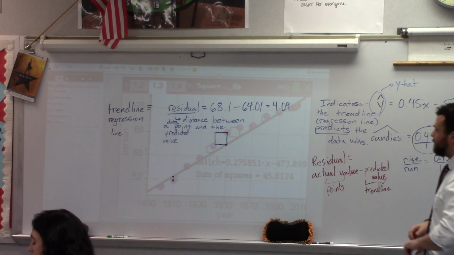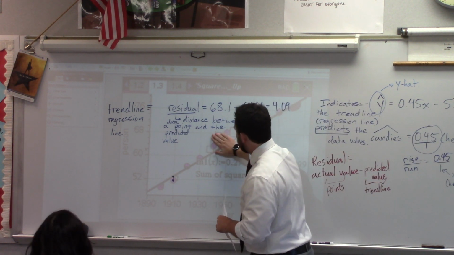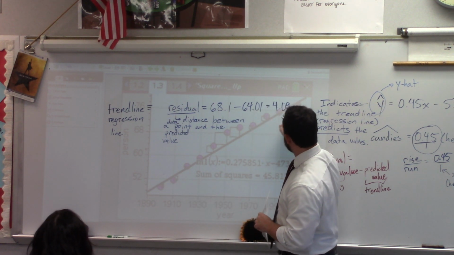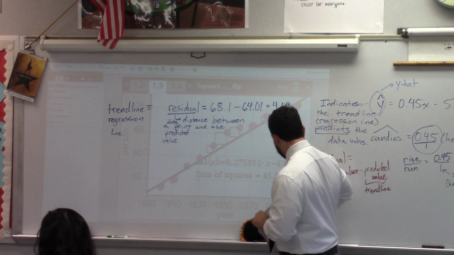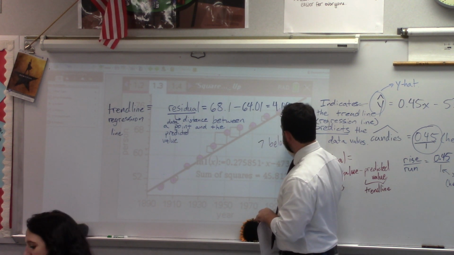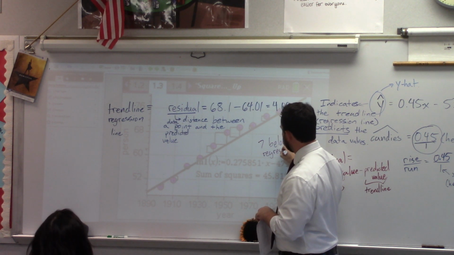When you do that, there's a couple of important details here. When I look at mine, I have 1, 2, and then 5, so 7 data points below the regression line. Okay?